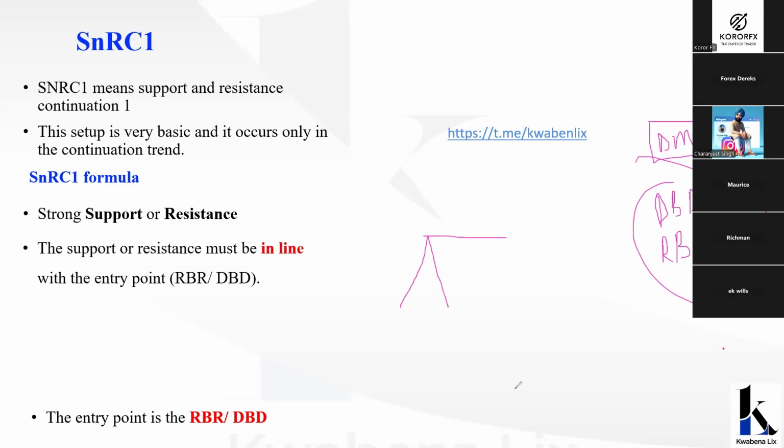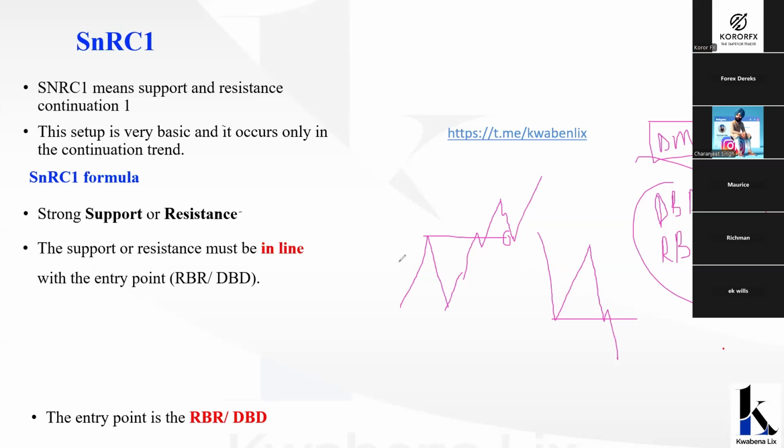And a support is a V shape, right? So opposite this A shape, you need to have a rally, a base, and a rally. Opposite this support, you need to have a drop, a base, and a drop. Something like this. So when you have this, you are going to buy here.